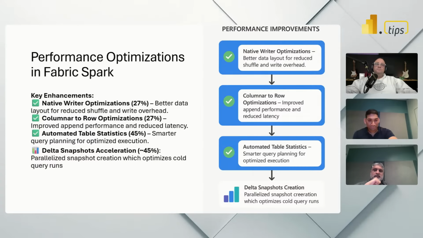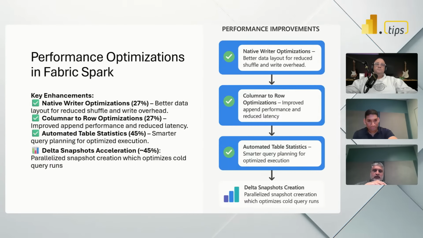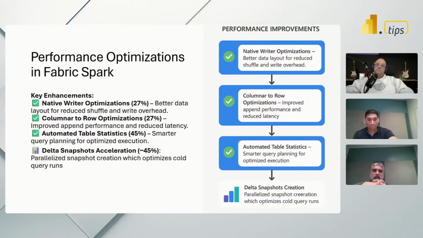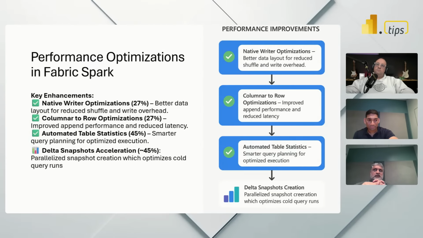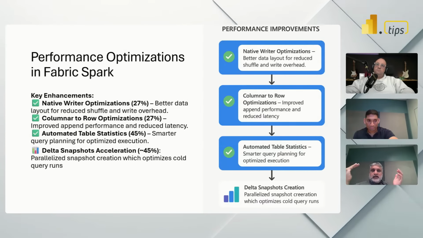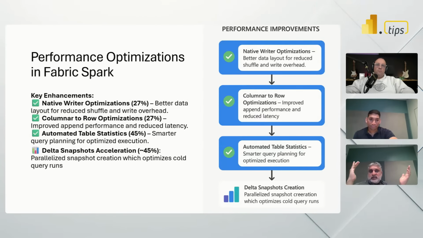The last one we have here is the Delta snapshot creation. So again, like we said, when we looked at the open source Delta implementation, we realized that it's not the most performant one. And one of the tricks there is, because Delta is what is called a log structured table, you have to read the metadata first.